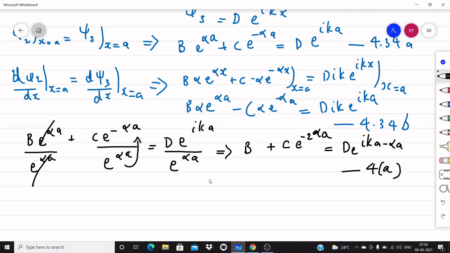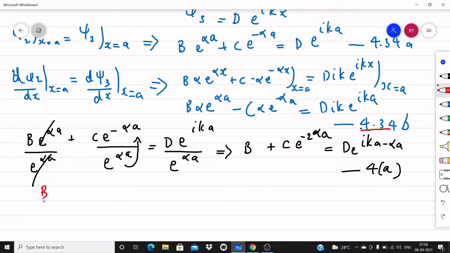Then now the second equation, 4.34b. Take this one and divide it by alpha e raised to alpha a. I'll use another color to understand this one. This is rewritten by dividing throughout by alpha e raised to alpha a.